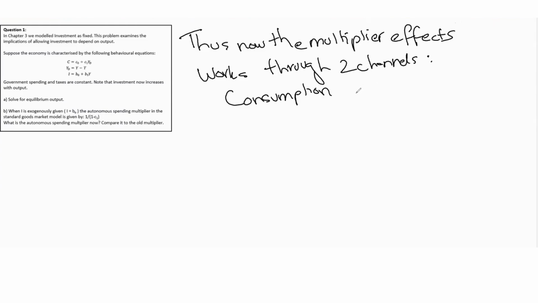And hence the multiplier when investment depends upon Y is bigger. Because initially we know the multiplier effect was because whenever Y increases, C increases. But now not only C, but I also increases, and that allows the multiplier to work through these two channels and result in a larger multiplier than if investment was exogenously given and did not depend upon Y. So this is the economic intuition of why the multipliers are different.